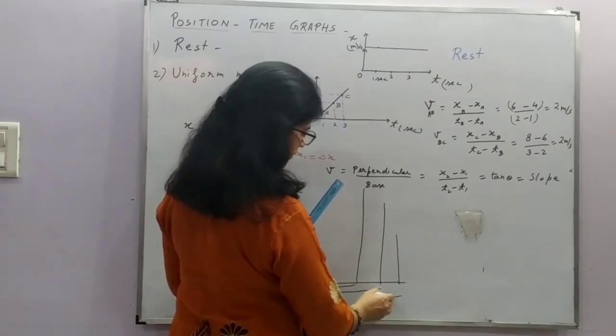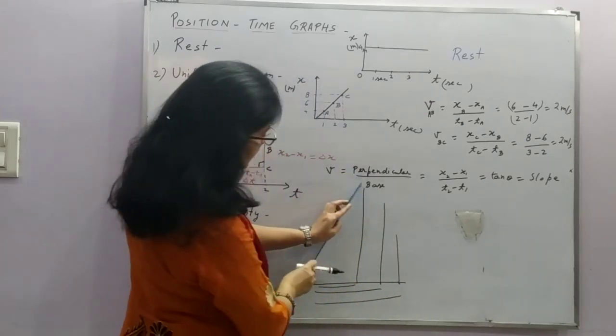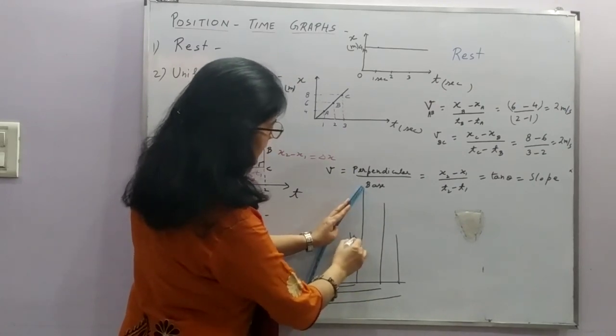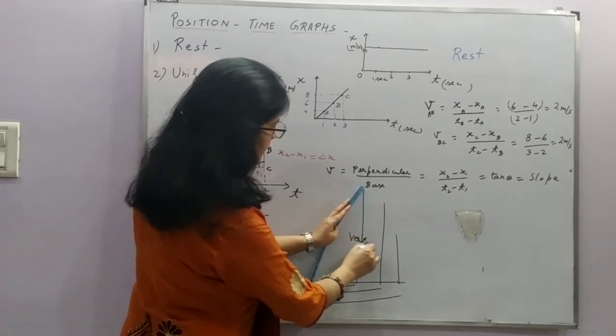So this way we know that the slope is related to the horizontal distance and the vertical distance.